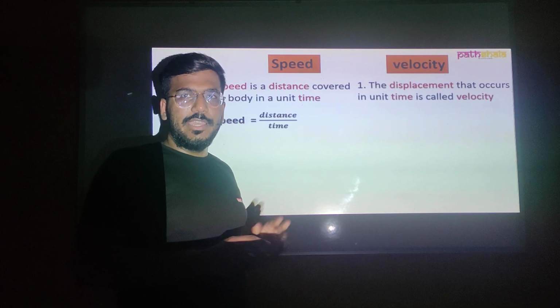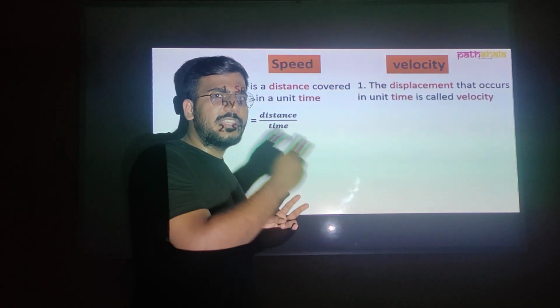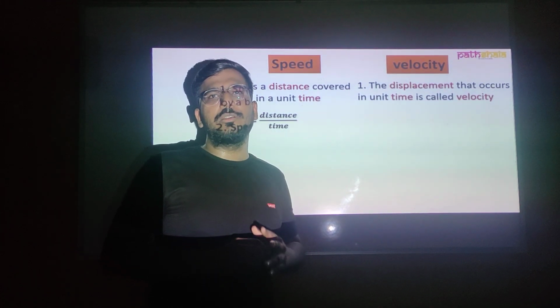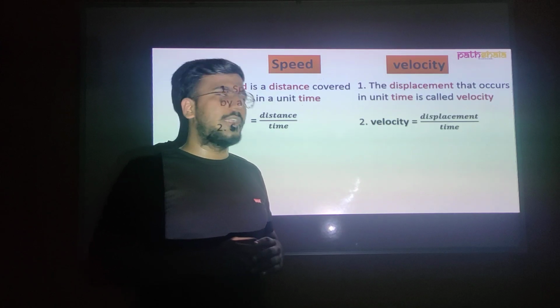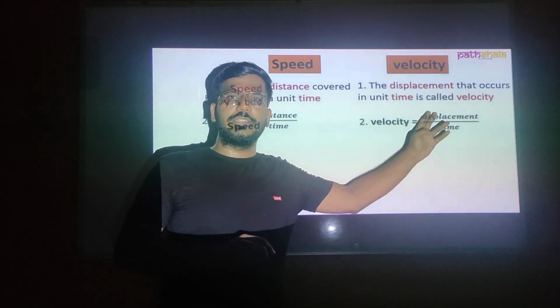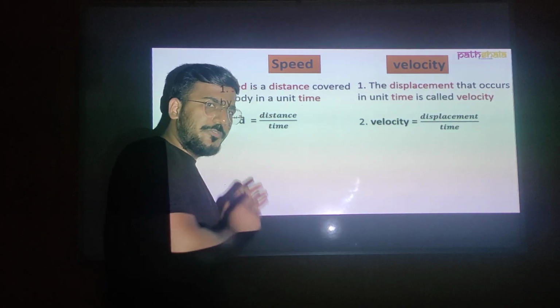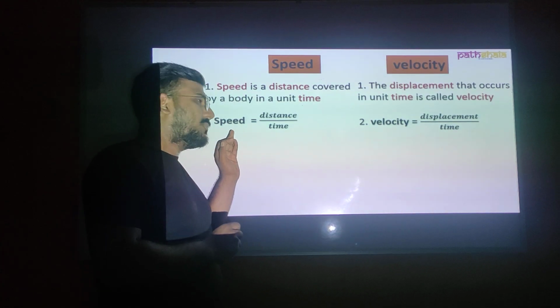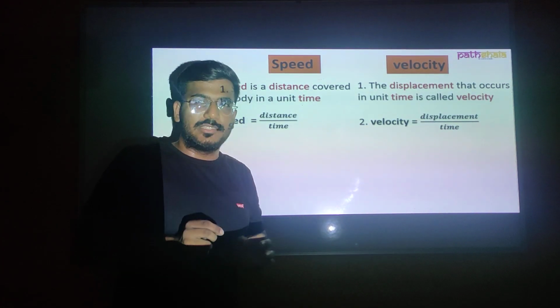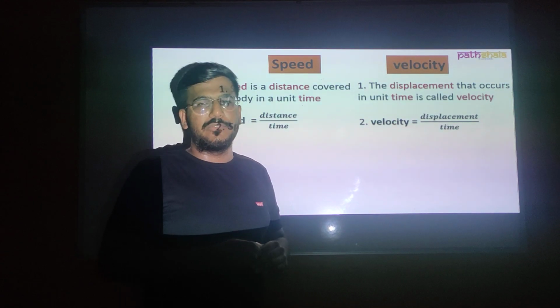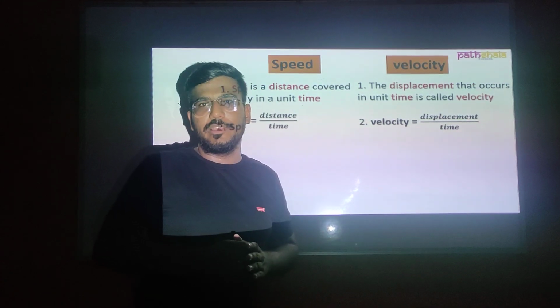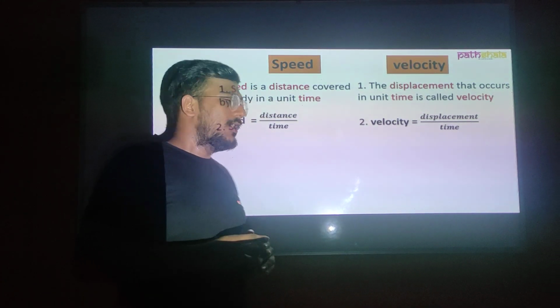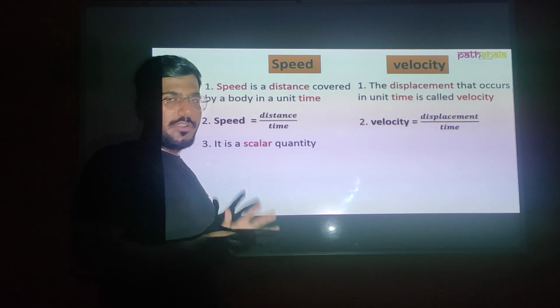In case of velocity, this distance will be replaced by the shortest or shortcut path, which we call displacement. So velocity is displacement upon time. Now, as I was saying, in speed we need distance, that is, we don't need any direction, we only need magnitude, like 5 meters to travel or 6 feet height. So speed is a scalar quantity.